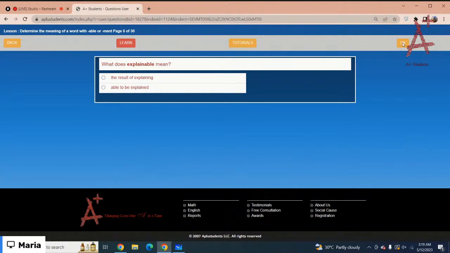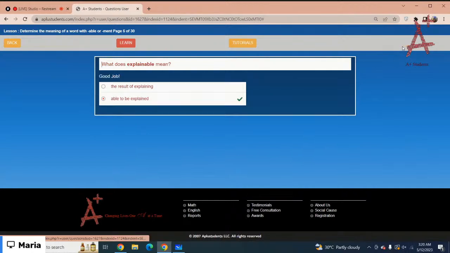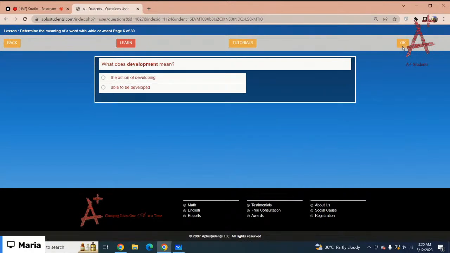What does explainable mean? Able to be explained. What does development mean?